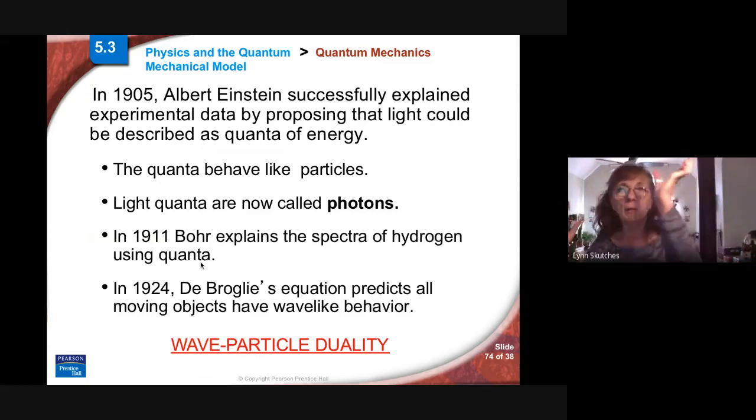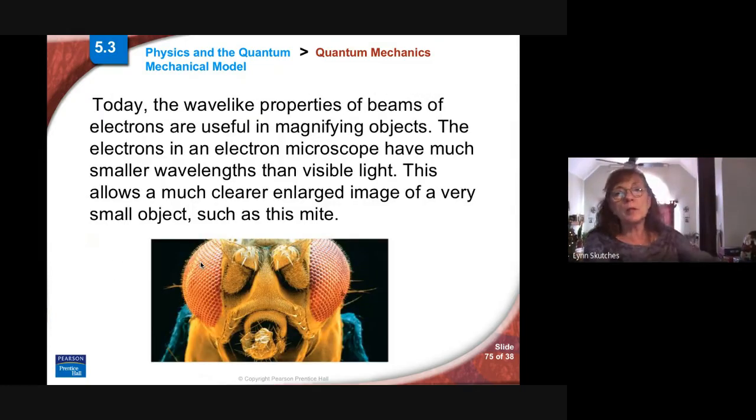Matter can be like waves, and waves can be like matter. And of course, we use electrons now to study things with electron microscopes. Actually, it's been around for quite a while. Electrons move at different speeds. They have wave-like properties, which allows them to get in between the nooks and crannies, if you will, of the dust mite.